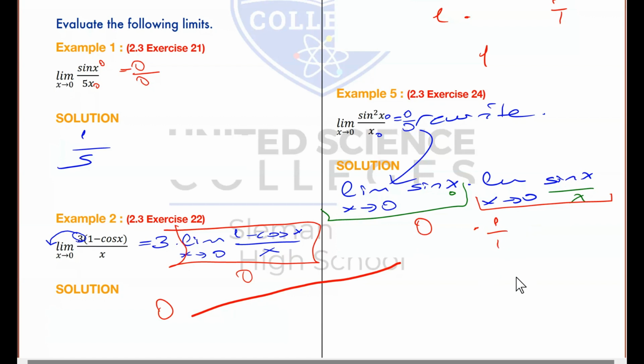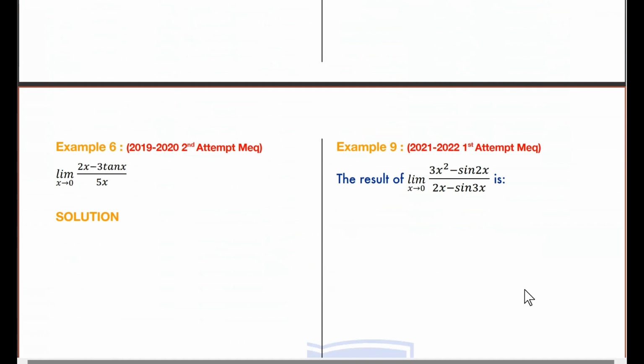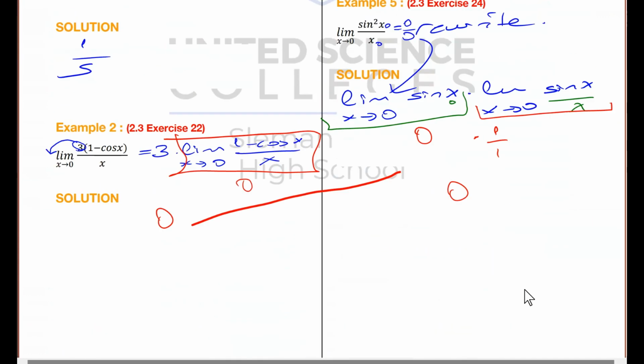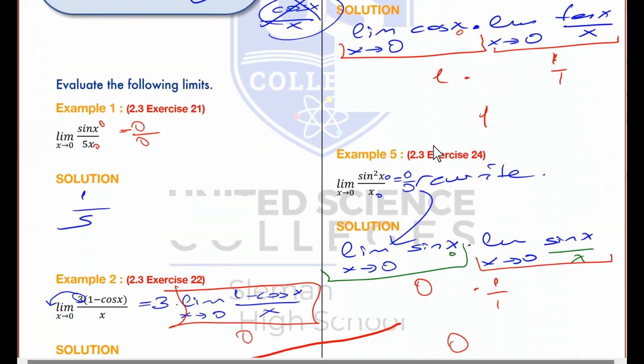So 0 times 1, which gives you 0. Okay. Here in these two questions, we solved the question by breaking it up into two by using multiplication.